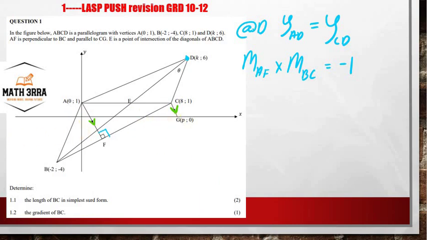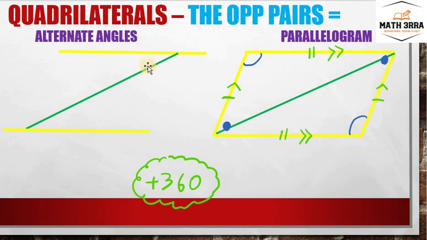That's important to us first and foremost because of what we know about alternate angles. Alternate angles are equal to one another.